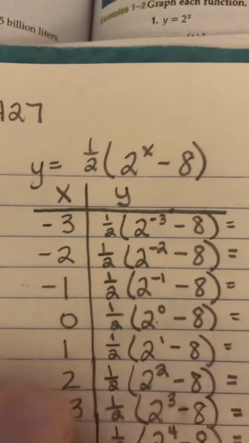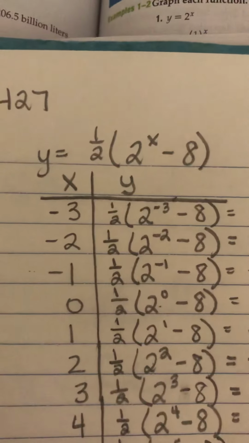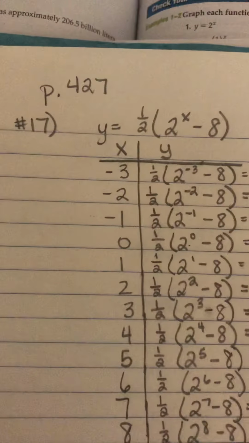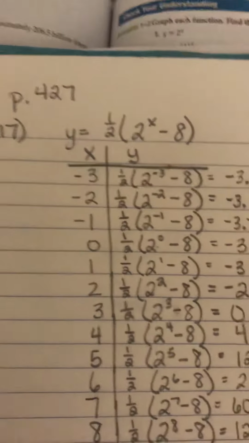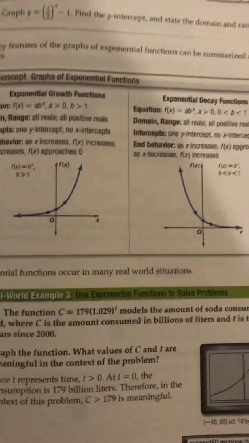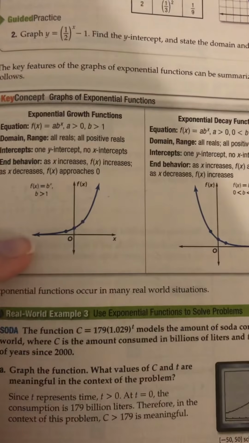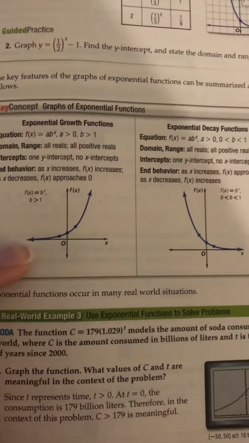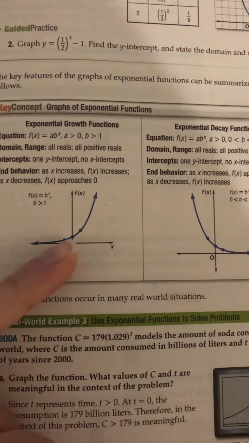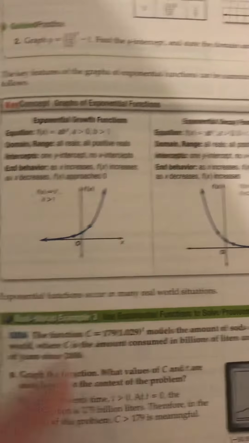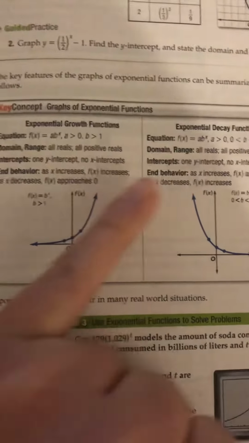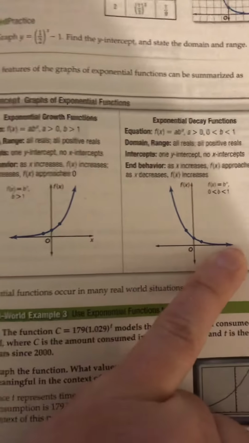I wanted to let you know that, as you saw from all the others you have done in this lesson, a lot of different things can happen when you're graphing these, in terms of the way these smooth curves look. Sometimes you'll see growth happening, sometimes you'll see decay happening.